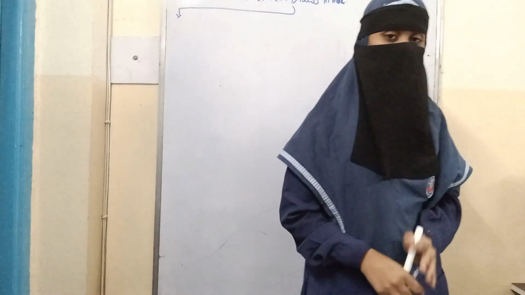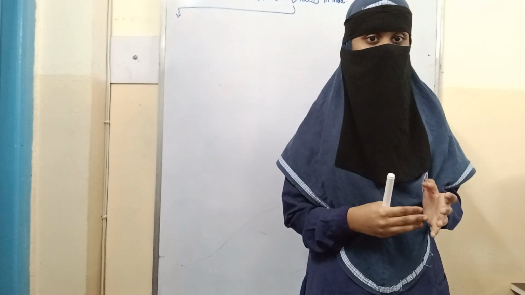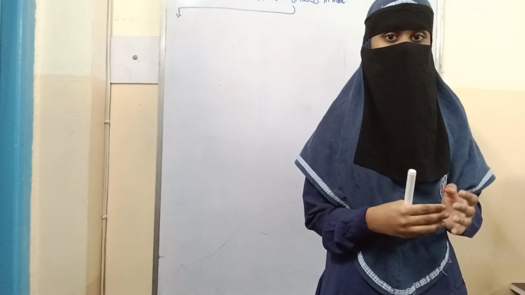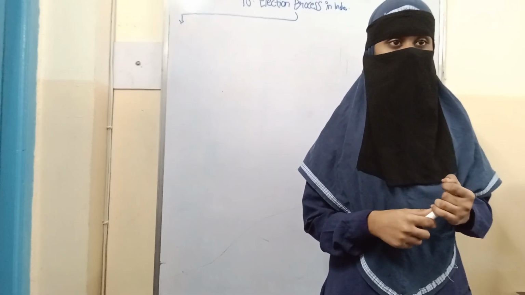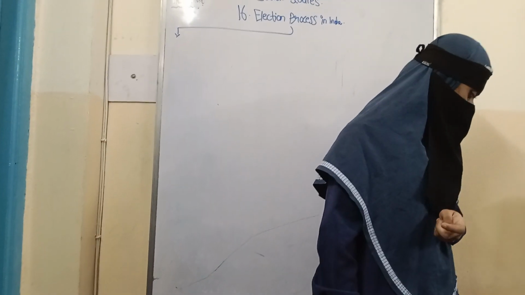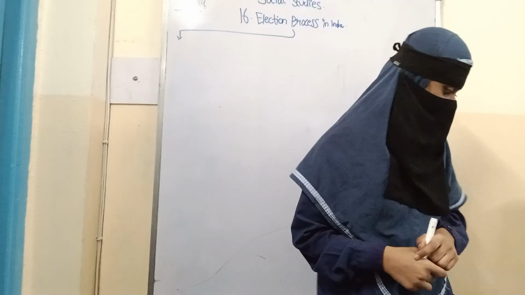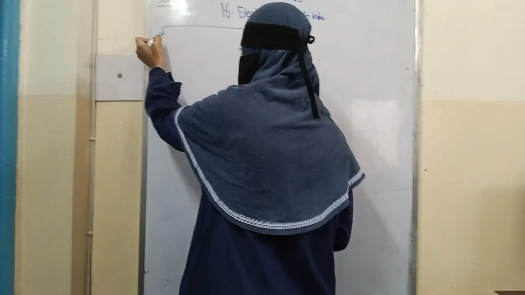First of all, what are elections? Election is a process through which we choose a representative. Election is a democratic process through which we choose our representatives. In simple words, election is choosing the representatives by voting.